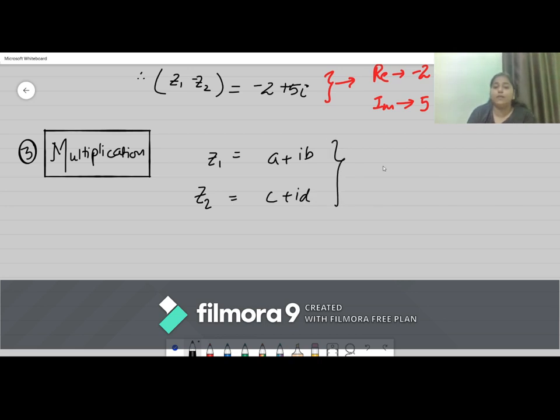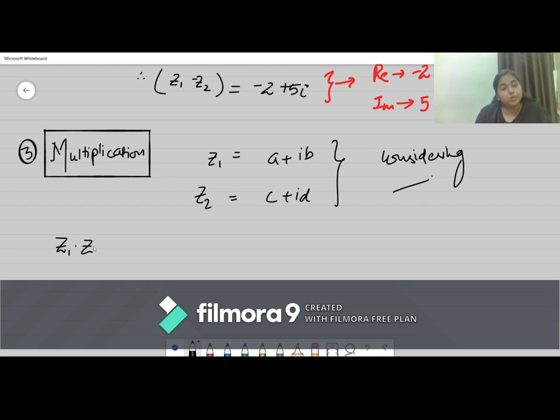What are we doing? Considering. Now, how do we multiply? See, when we are told to do multiplication of two complex numbers z1 and z2, जिस तरीके से हम याद करिए, आपने प्रीवियसली मल्टीप्लाई करा होगा, सिंपल एक्सप्रेशंस को मल्टीप्लाई करते थे. हाउ डू वी यूज टू मल्टीप्लाई? x into y plus 3 into x plus 2 into y plus 6.